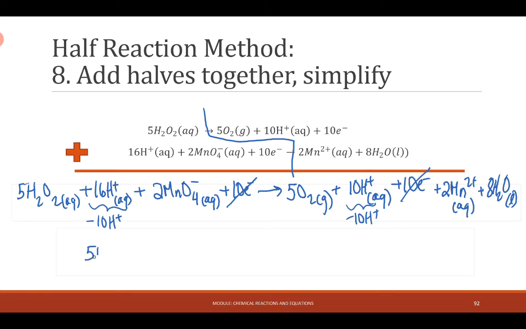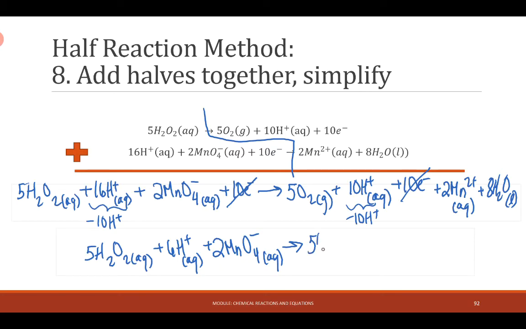So I should have 5H2O2 aqueous, 6H plus aqueous, 2 MnO4 minus aqueous, 5O2 gas. So that canceled completely. And then I'll end up with 2 Mn2 plus aqueous and 8 H2O.